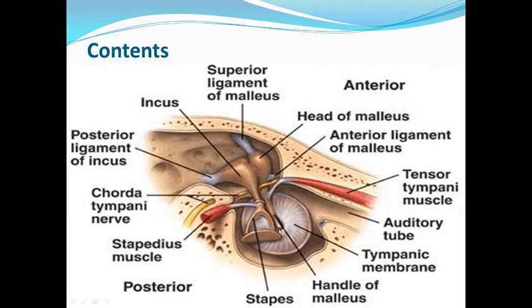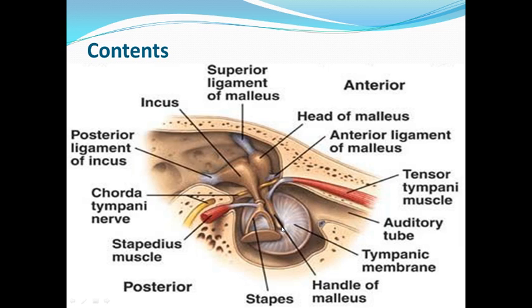If you remember the external ear, in which we already discussed the tympanic membrane, then you can easily recognize that the handle of the malleus forms the border between the anterior fold and the posterior fold of the tympanic membrane, and the tip of the handle of the malleus forms the point of maximum convexity at the tympanic membrane, that is called the umbo.